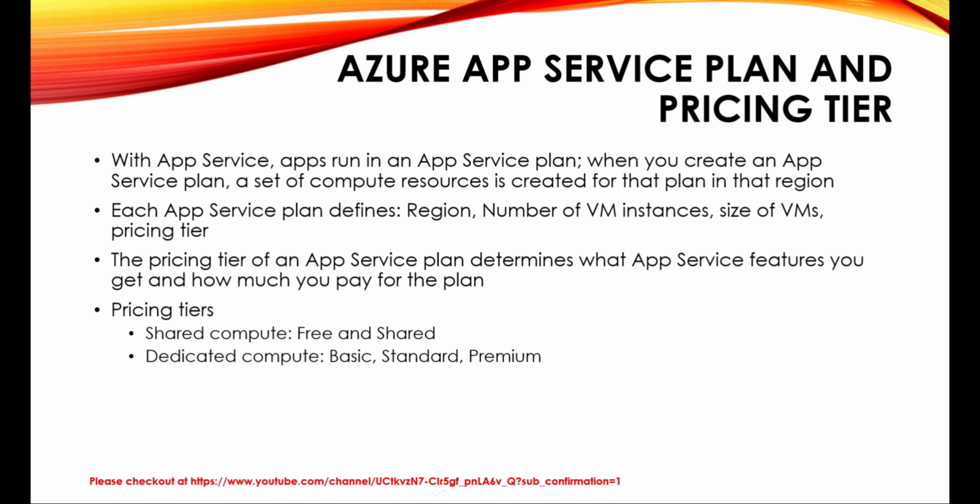The next one is dedicated compute, which is the basic, standard and premium options you get. Apps are run on dedicated VMs, and apps in the same app service plan share the same compute resources. Now there is a third one which is called isolated. In that, dedicated VMs run in dedicated VNets. That is the advantage of isolated.